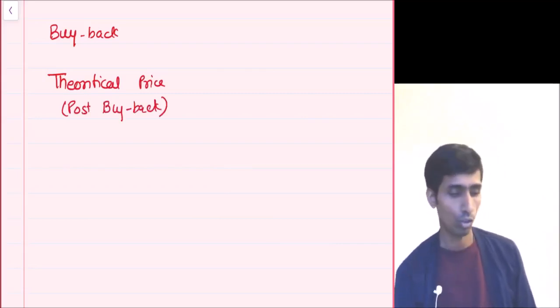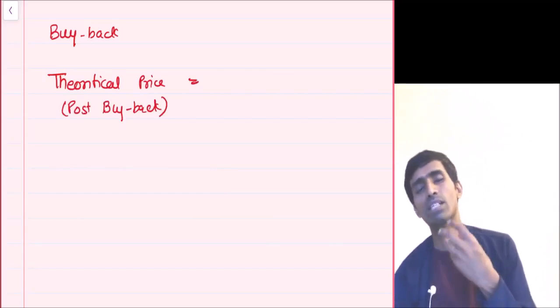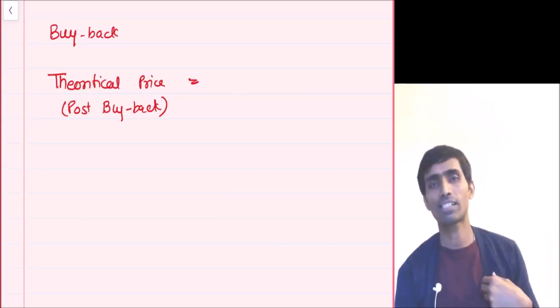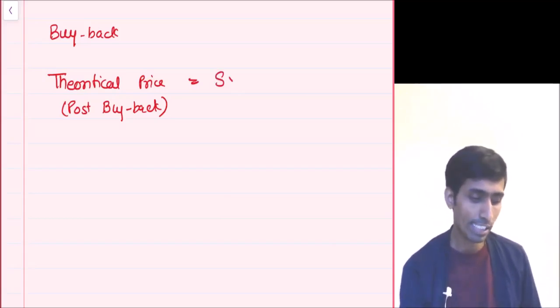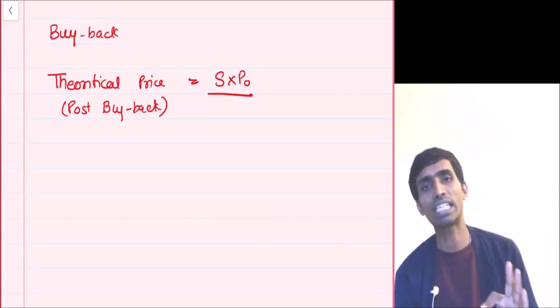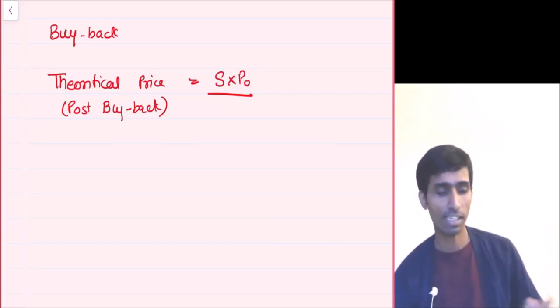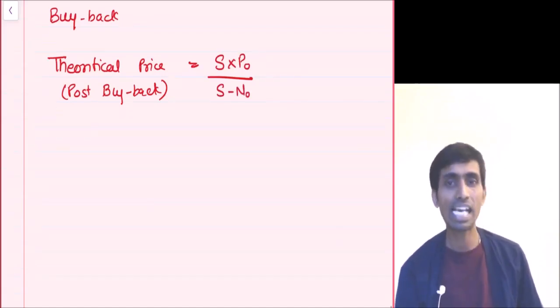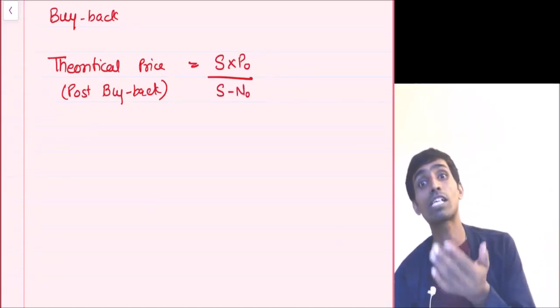Obviously the company has got excess money, so they are buying back their shares, maybe to limit the shareholding, they want to have control over the shares. So the formula is S into P0 upon S minus N0. S means number of shares outstanding, P means price of the share, and N0 is the number of shares bought back.